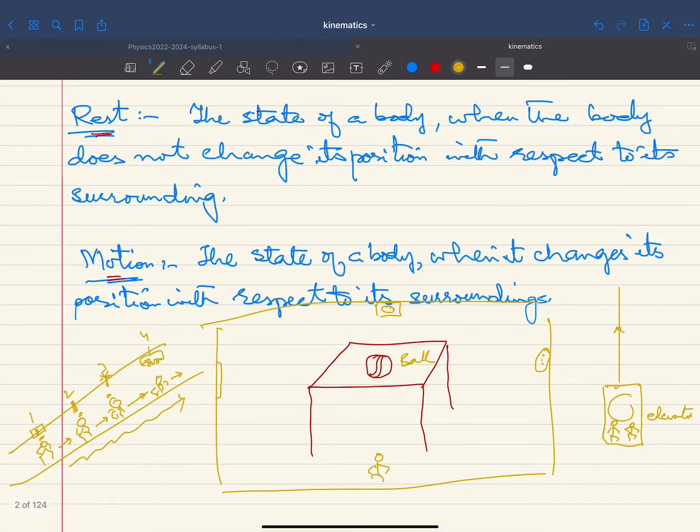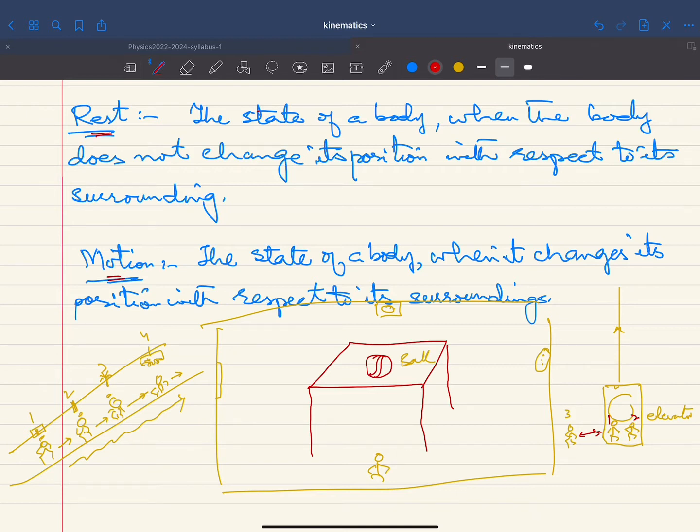If a person is standing somewhere outside, then with respect to this third person, person 1 and person 2 are now in motion, because the surrounding is now different. Persons 1 and 2 are at rest with respect to each other, but they are moving with respect to person 3.